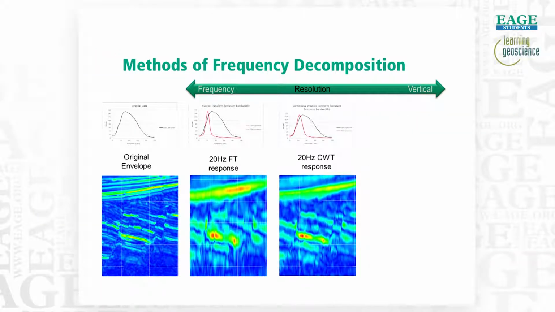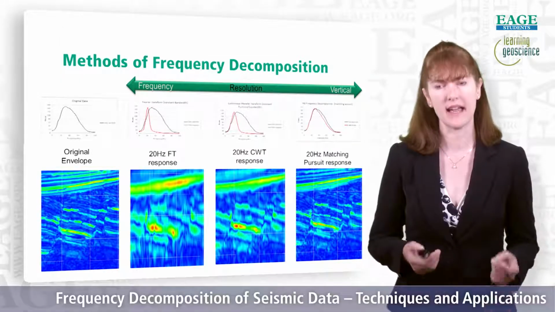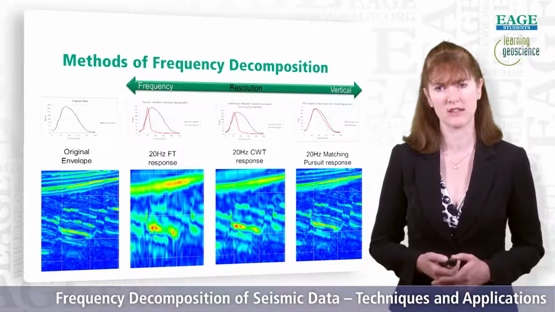If we look at the continuous wavelet transform, again centered on 20 Hz, we see we've got a slightly wider bandwidth, so we've got slightly less frequency resolution, and this has given us an improved vertical resolution, so the responses are slightly more localized. And if we take this on further into the matching pursuit, again centered on 20 Hz, we've got a much wider bandwidth now, and that gives us much better vertical resolution.